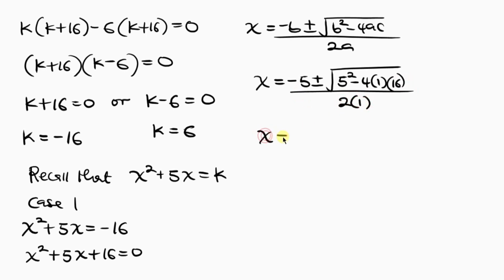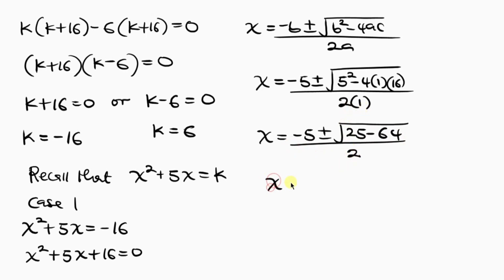So x will be equal to negative 5 plus or minus the square root of 25, that's 5 squared, minus 4 times 1 times 16, which is 64, all over 2 times 1, which is 2.